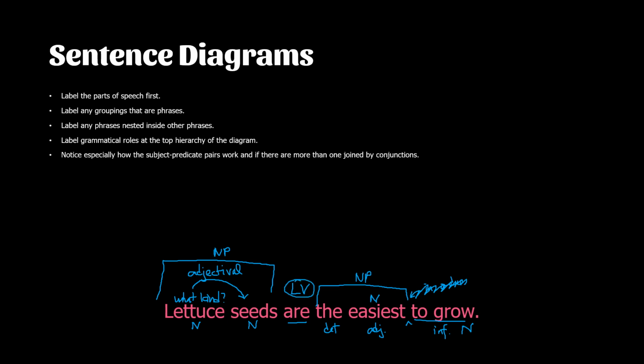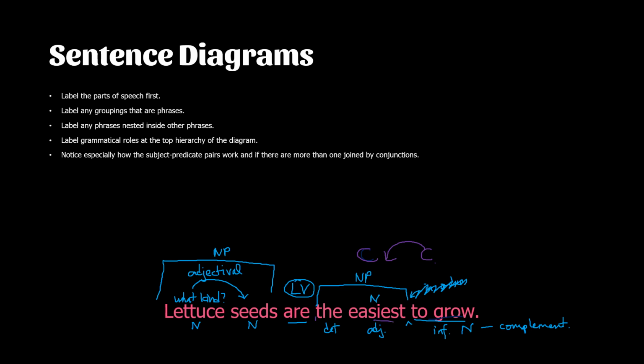After a linking verb, we're always going to have a complement. But now, what does this infinitive do? This is also a complement. So we have one complement, the easiest. To grow is another complement. This complement is completing the meaning of easiest.